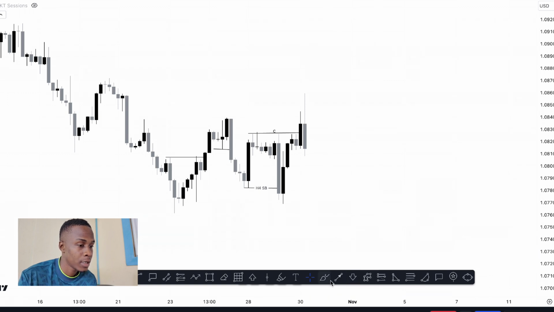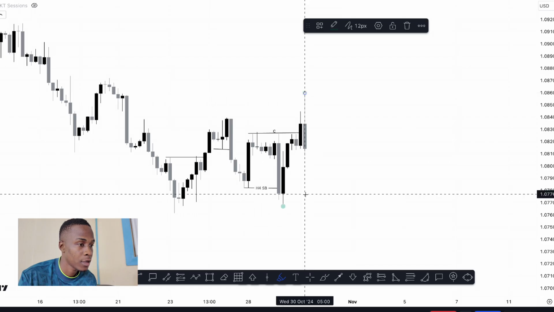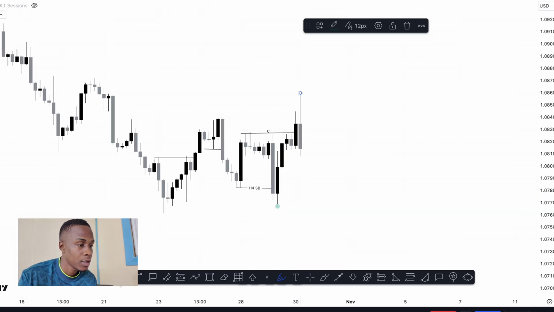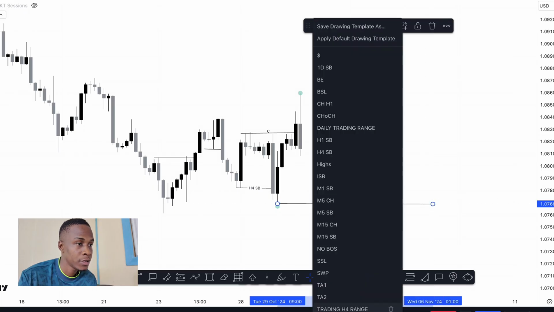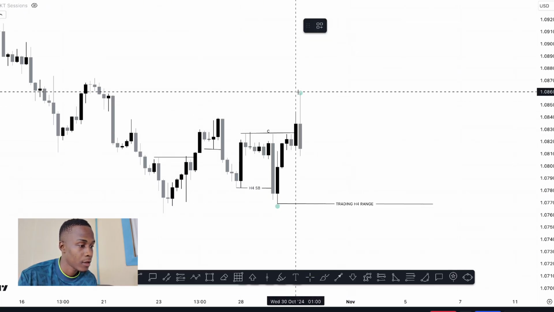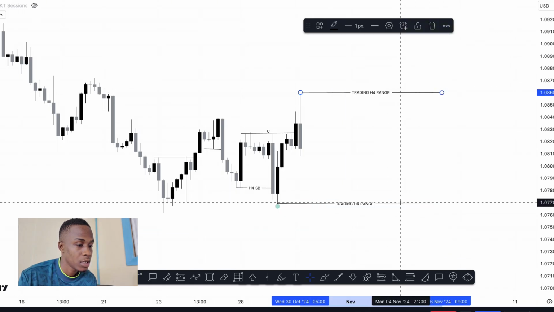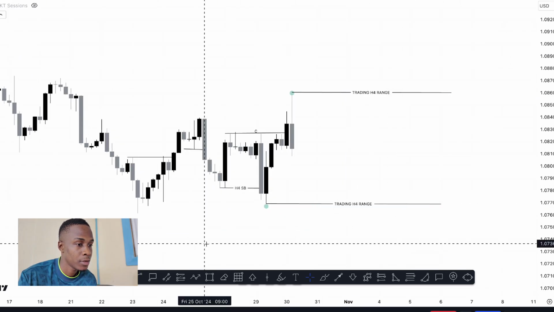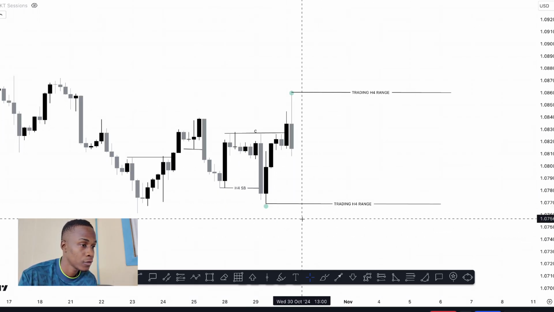Now I can determine my swing high points, which should have been here, my external high points, right? I then just mark this as my trading range, and this is where I'll be looking for price to move.